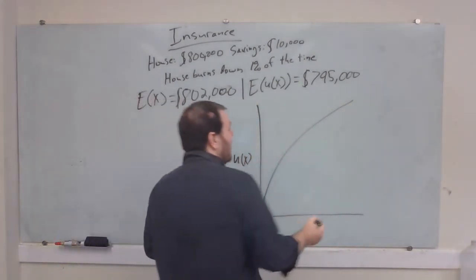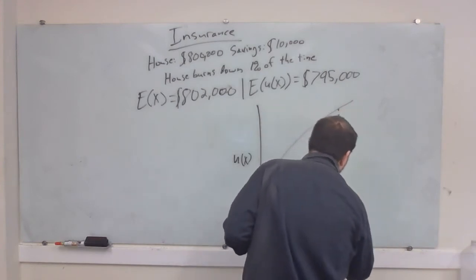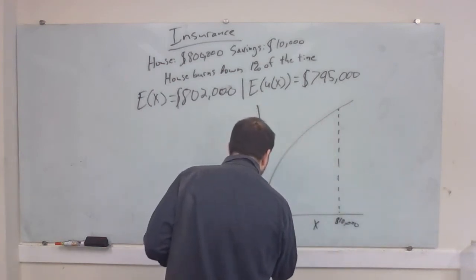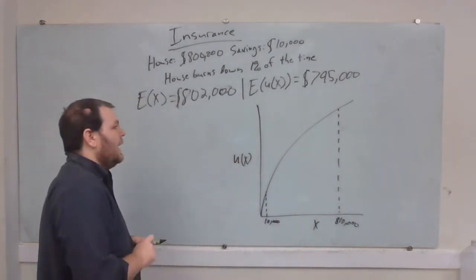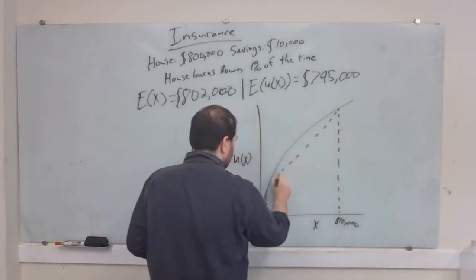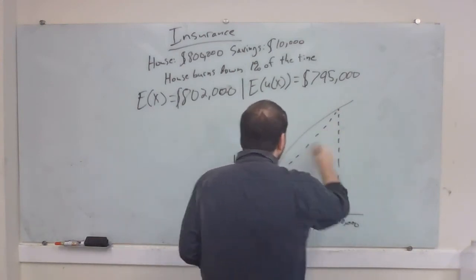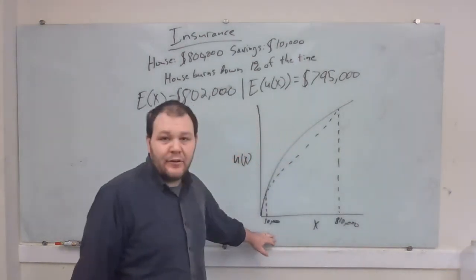And let's say that on this graph, I'm going to put the value of 810. I'm going to put the value of $10,000. And if I draw this line, what this is going to tell me is the value of any sort of average between the two, between 810 and 10,000.